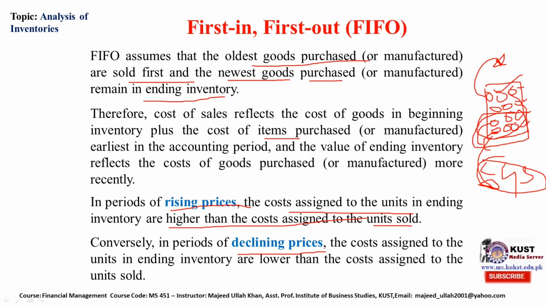If the prices are declining, these first purchased units will carry a higher price, then this will be lower, then lower than this one, and it will be the lowest price. So under FIFO method, the unit sold will be assigned a higher cost as compared to the unit which remains in inventory, which will be assigned a lower cost.